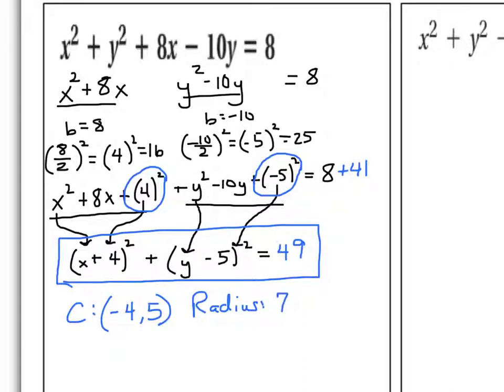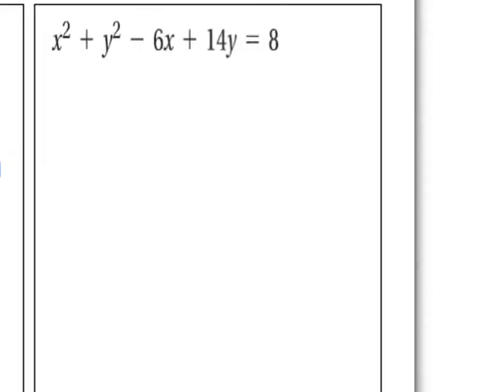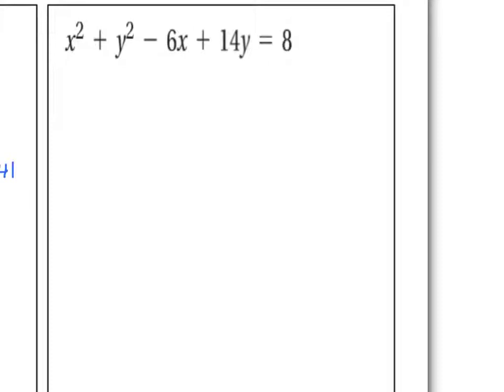All right, let's take a look at this last example now. I'm going to do the same type of thing with this one. Again, I've got to take my x's together, x squared minus 6x, and then my y's together, y squared plus 14y, and it's going to equal 8. Again, here, b is negative 6, and over here, b is 14.